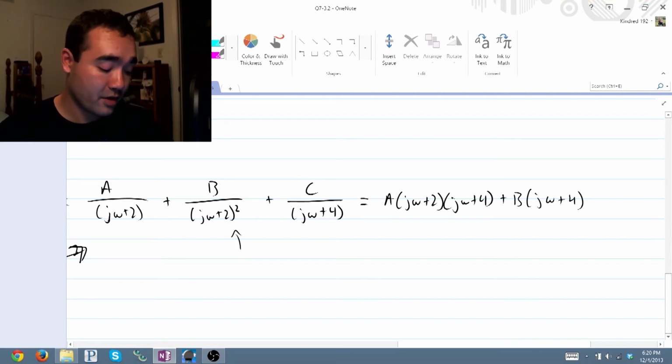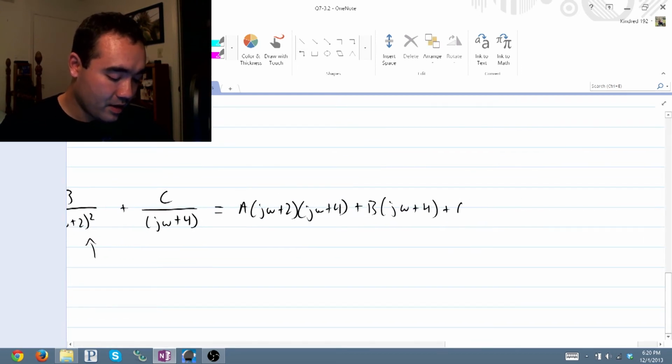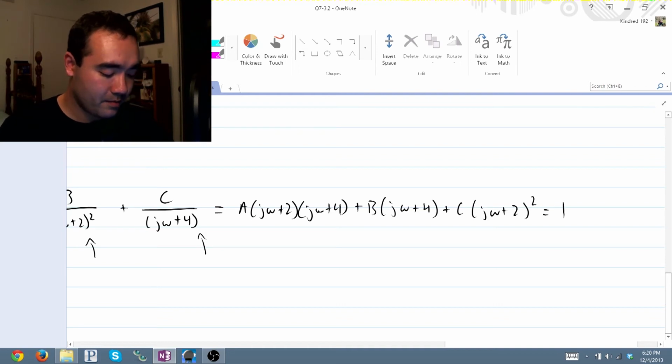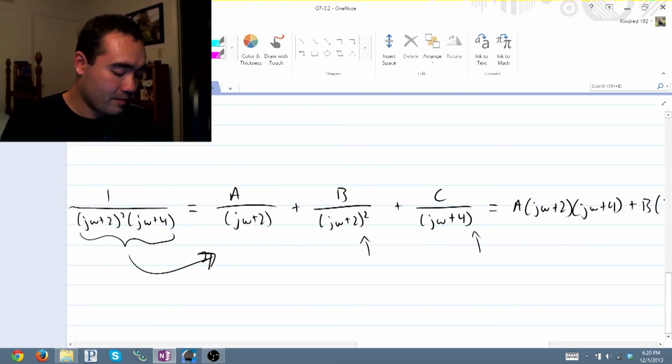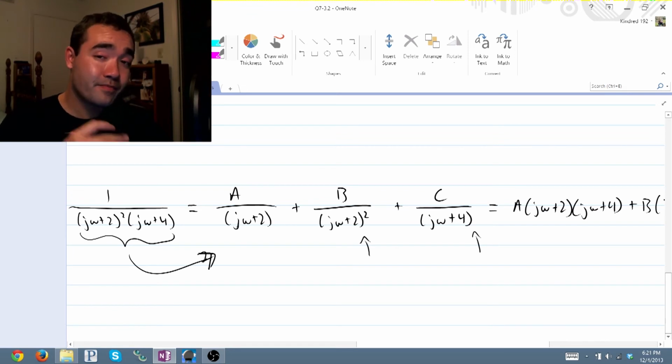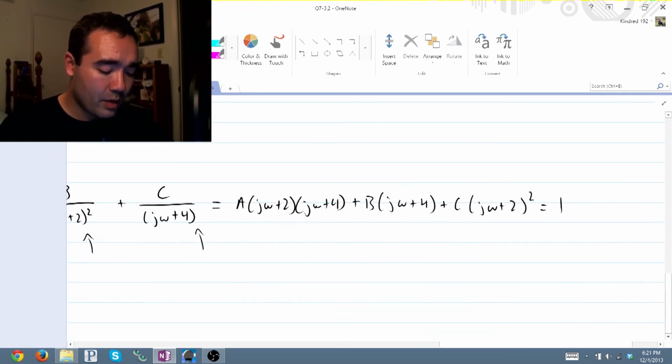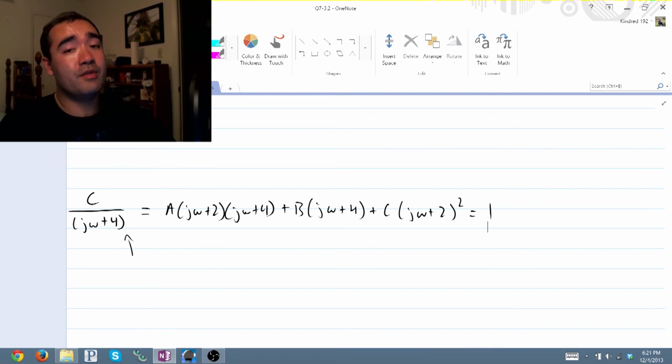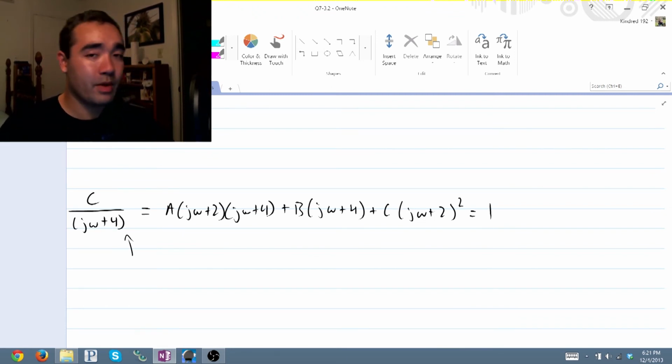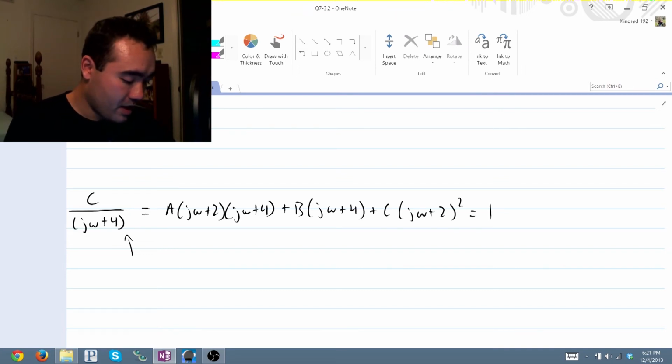Both j omega plus 2's are going to cancel out, plus c times j omega plus 2 squared, because the squared term will come in here, the 4's will cancel out. And this is all equal to 1, because remember, we had the 1 on the left side here. So we have to make sure that we remember that constant, because it might not always be a constant. It might actually be some kind of expression, and we need to keep that in mind when we go to solve this.